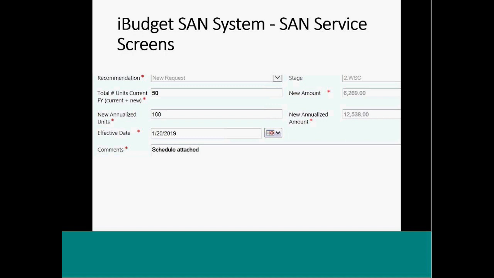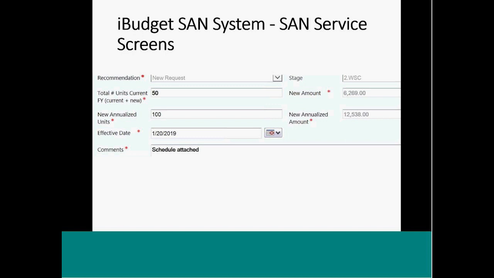So for example, if a consumer already has 12 units, so let's say on our personal support day that we're looking at, let's say they already have 12 days. But between the time that you're submitting the SAN and June 30th of this current fiscal year, the consumer needs an additional 38 days. So they have 12, they need an additional 38, so 50 is what will be populated in this field.